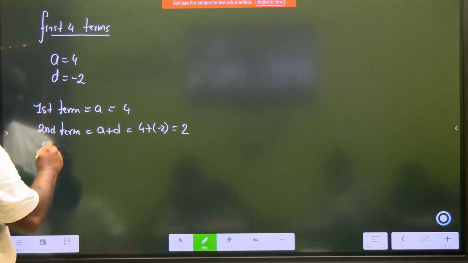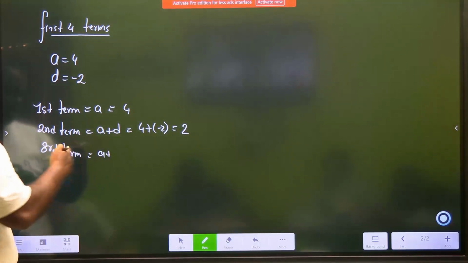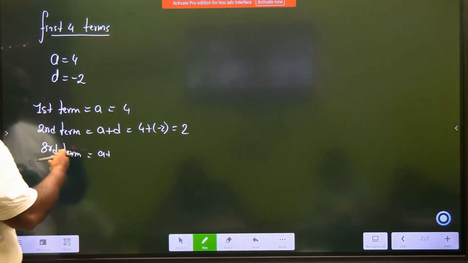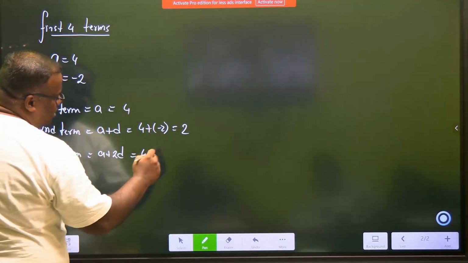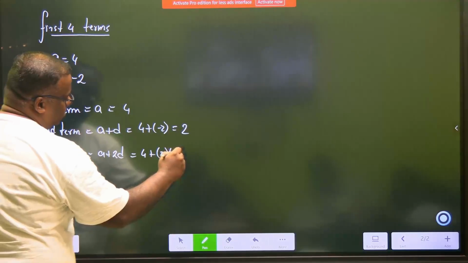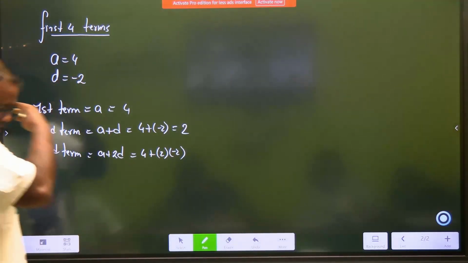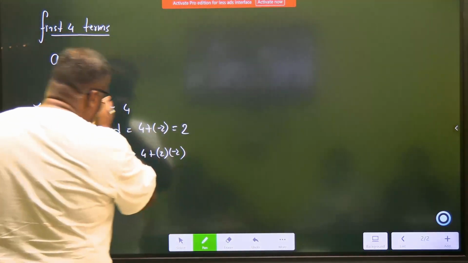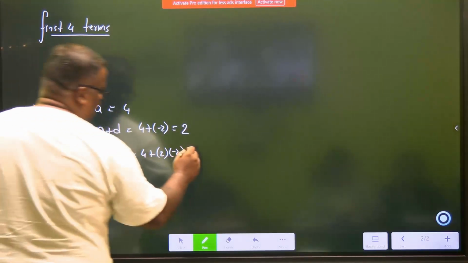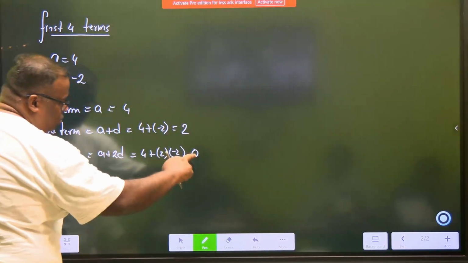Your third term is A plus 2D, which is equal to 4 plus 2 into minus 2. 2 into minus 2 is minus 4. Minus 4 plus 4 is 0. So it's reducing. 4 minus 2 is 2, 2 minus 2 is 0.